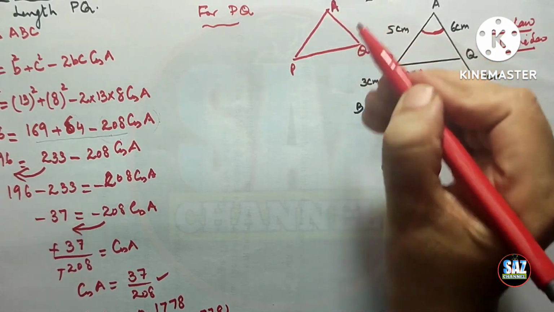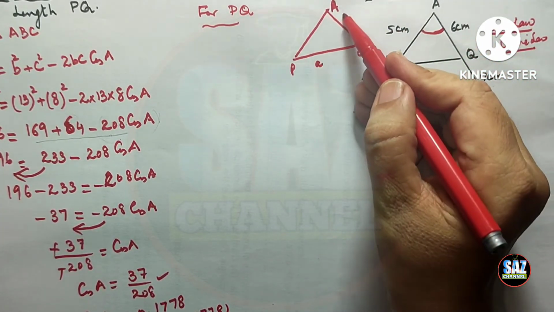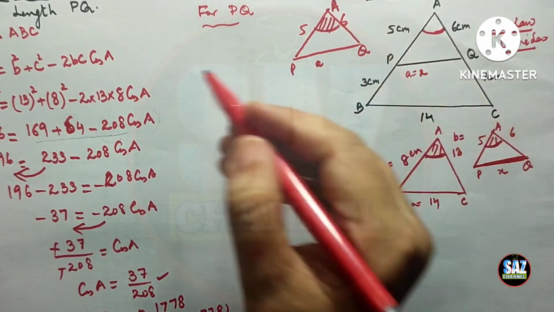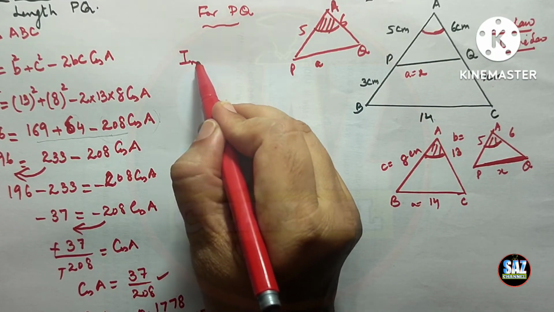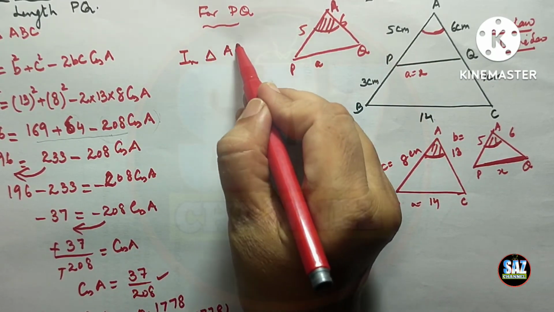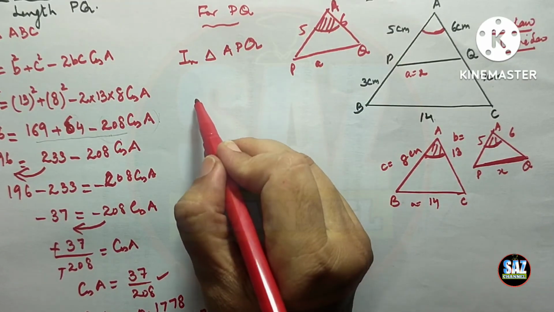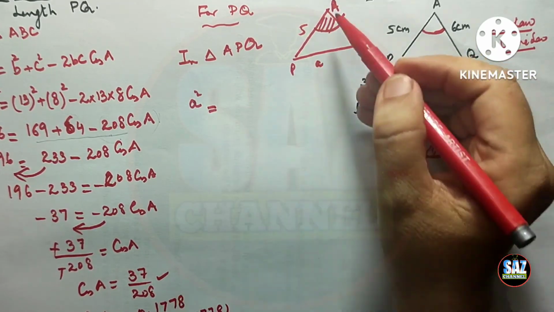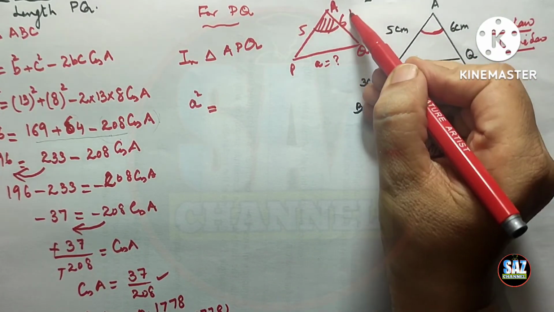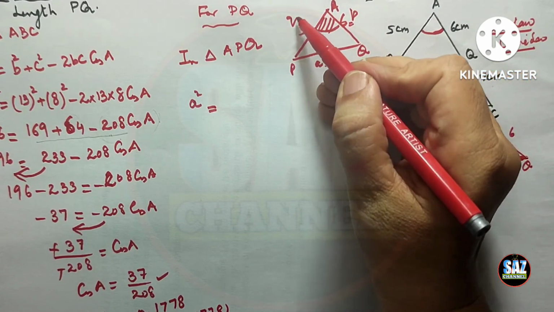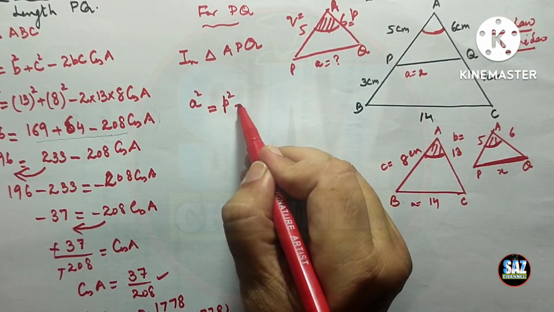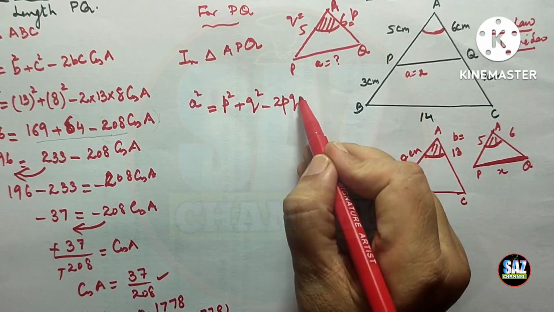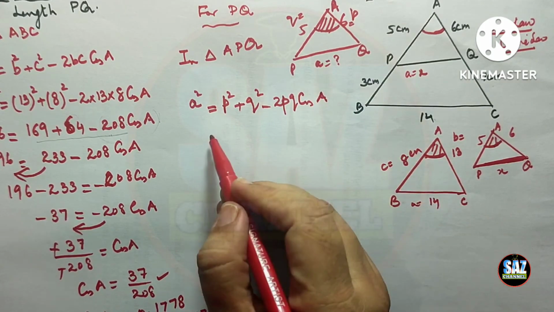This is A, P and Q. This is small a, this is 6 and 5, and cos of this angle we just calculated. So in triangle APQ, a square will be equal to p square plus q square minus 2pq cos of angle A. Learn the formula.